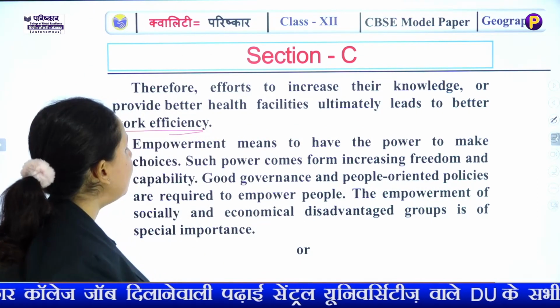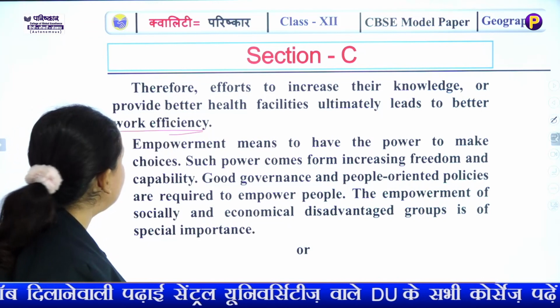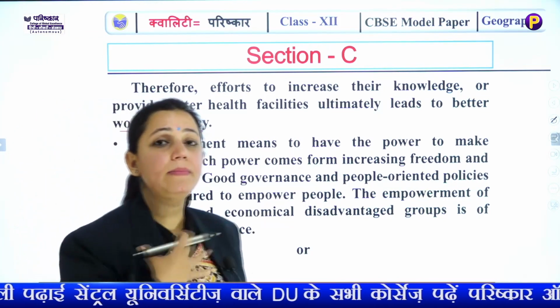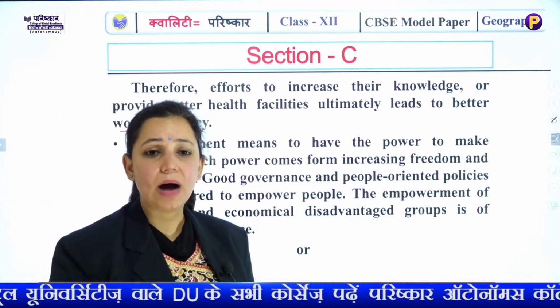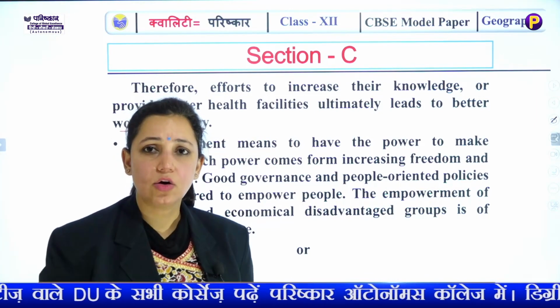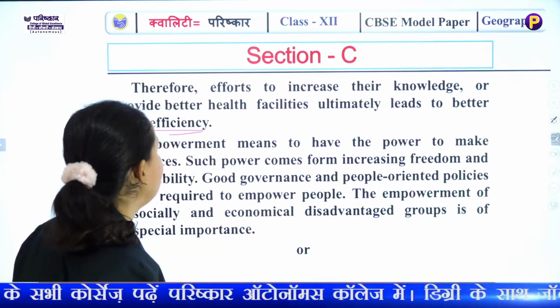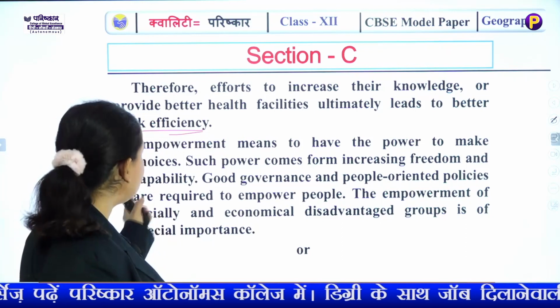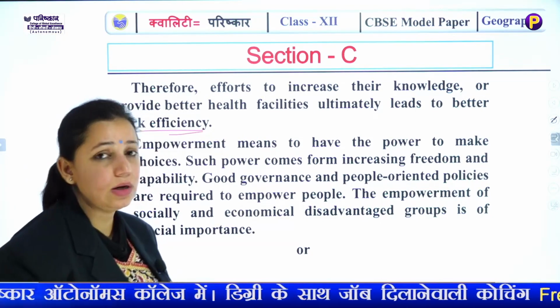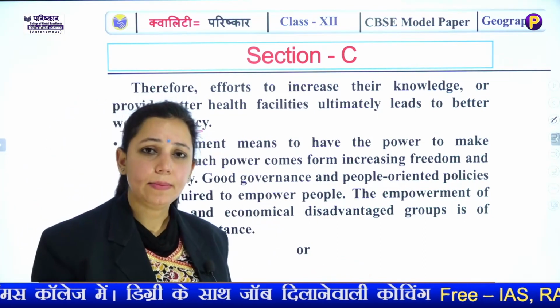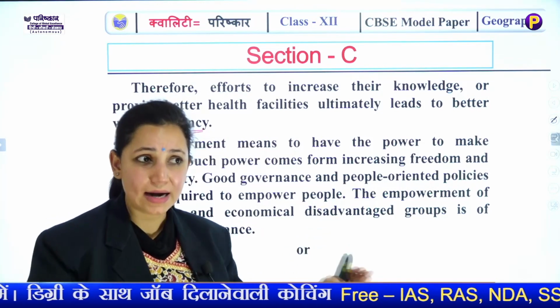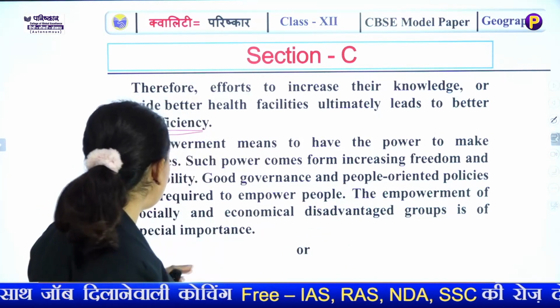Next, empowerment means to have the power to make choices. Empowerment means that I have the power to make choices of my own will. Such power comes from increasing freedom and capability. When you increase someone's freedom and capability, only then can he expand his horizon of choices.